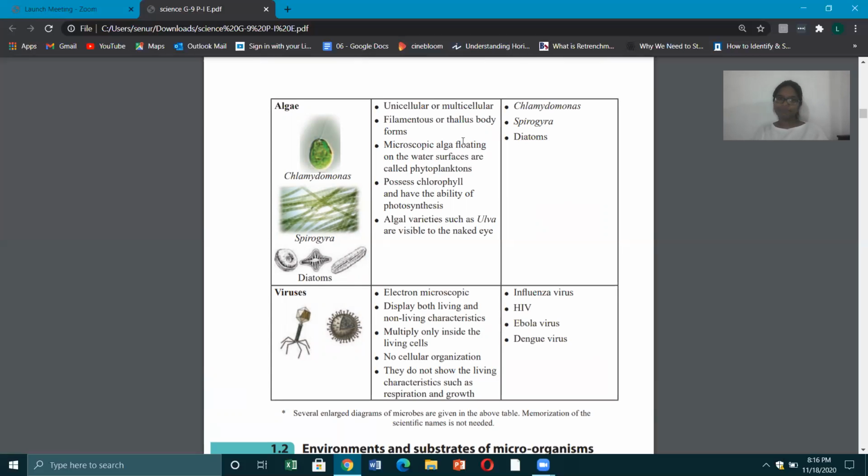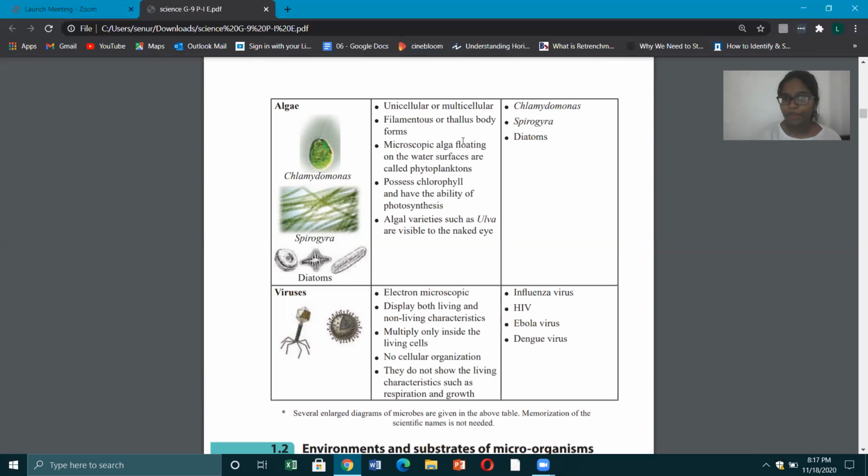What was that? If fungi came into your mind right now, then you are super. Like fungi, algae also have unicellular and multicellular forms. They have filamentous or thallus body forms.